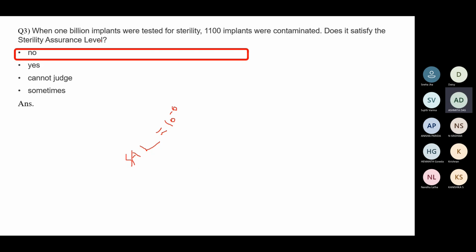So that means 1 in 1 billion. So as per this case, 1100 implants were contaminated. So here we can say these implants do not satisfy the sterility assurance level, or SAL. So it's clear to all.